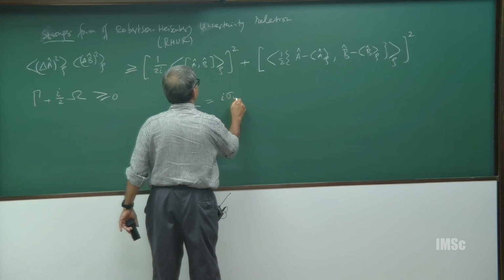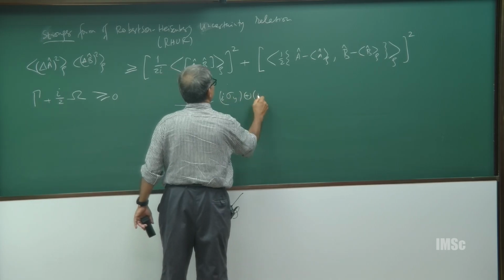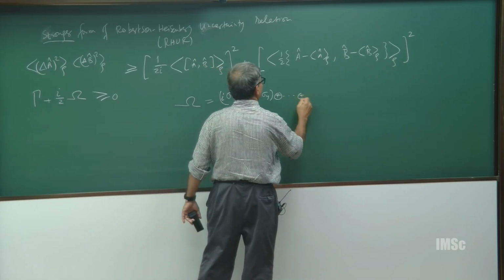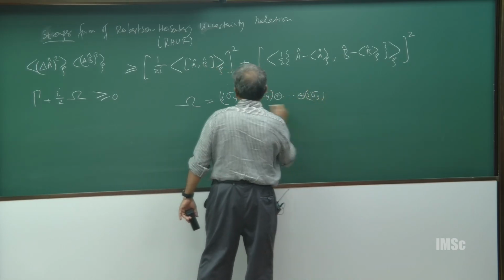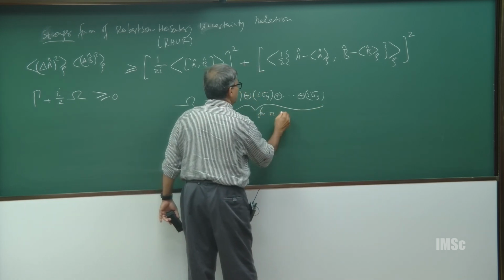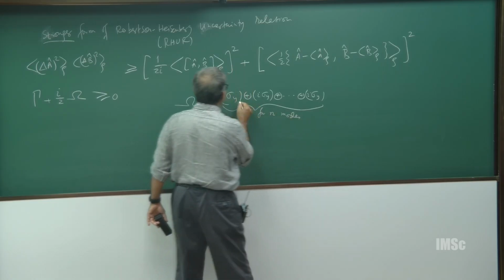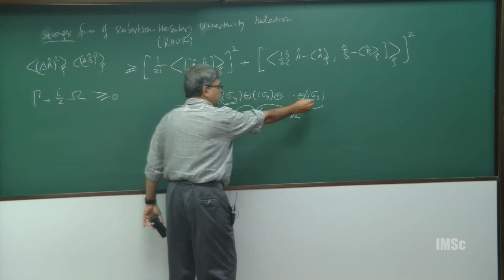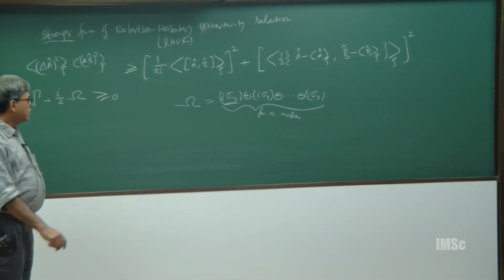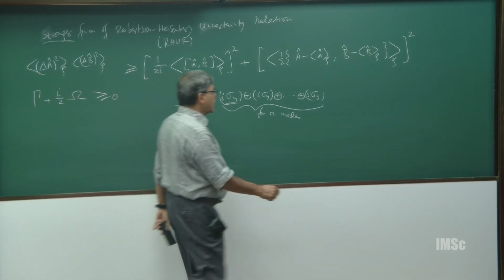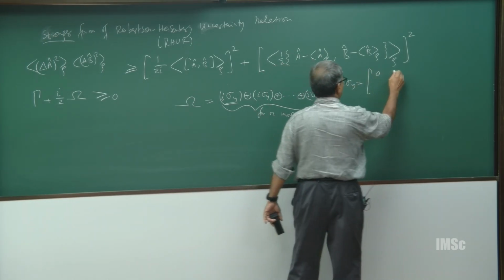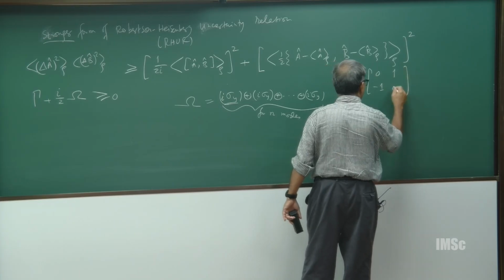So, this is i sigma y direct sum i sigma y, direct sum i sigma y, for n modes. Okay. So, this is for the first mode, this is the second mode, etc. Okay. So, this is a 2n by 2n matrix, and this i sigma y is your 0 1 minus 1 0, the 2 by 2 matrix.